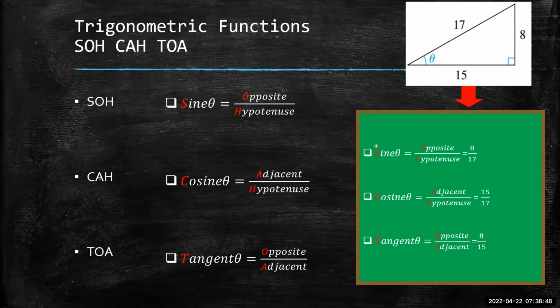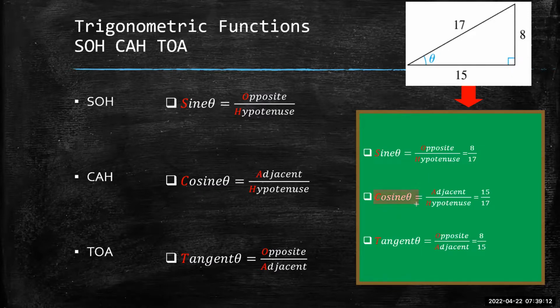For example, sine of the angle is opposite, which is 8, over hypotenuse, that is 17. If you divide these two numbers, it's going to give you a decimal number. And that is the sine of this angle. You don't know the angle, but you know the trigonometric function related to that angle by just knowing the size of the triangle.